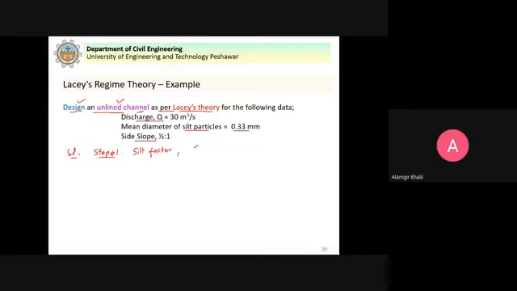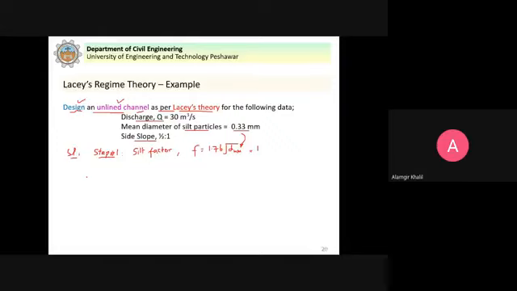Now for this we have the formula, F is equal to 1.76 into square root of d in mm. So just put here this 0.33. This will come out to be 1.0 something, so 1.